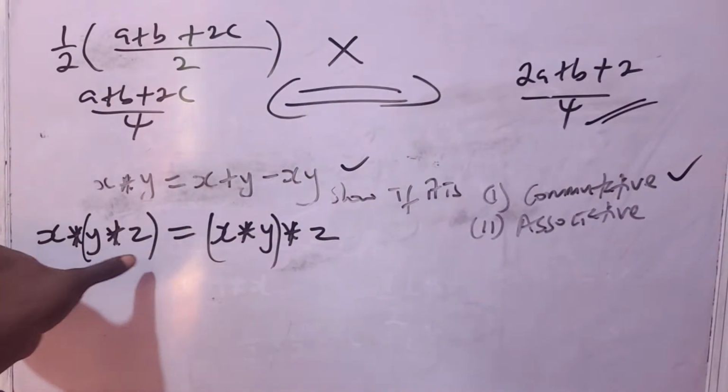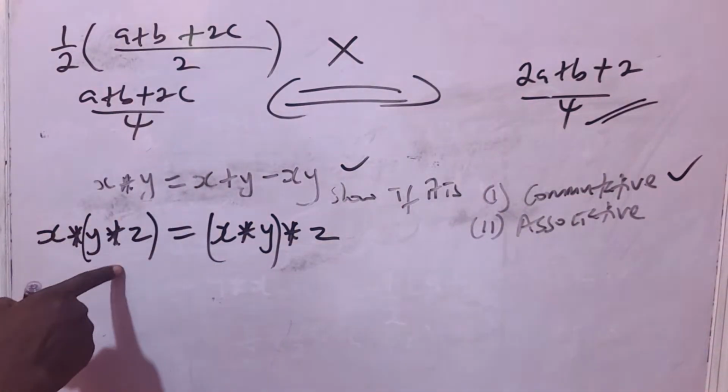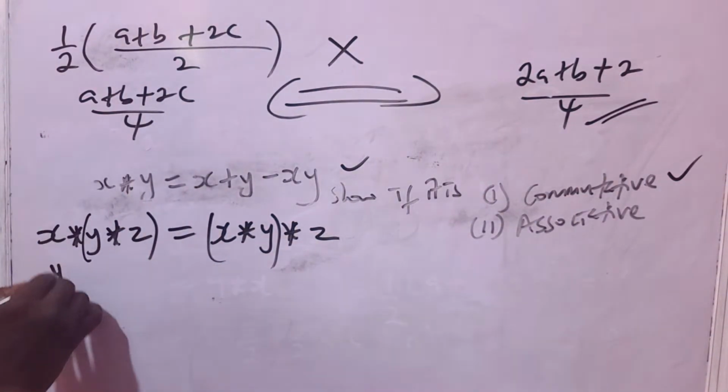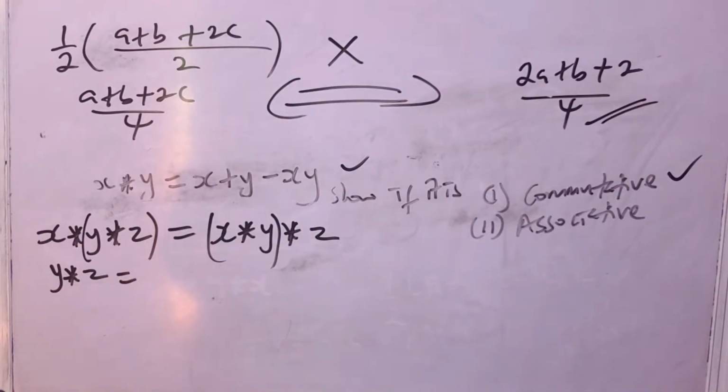So let's see now. For us to solve this, you know the importance of solving your bracket first in anything in mathematics. You want to first solve your bracket. So we have y star z, so we have to go and find y star z first. So what will be y star z? First is y now, z is second.